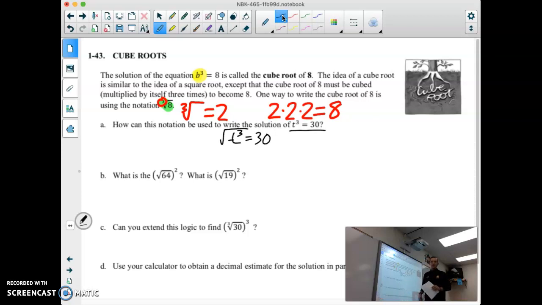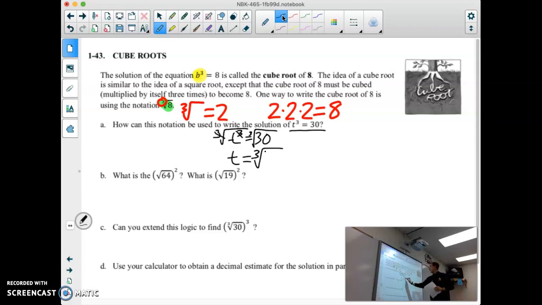Again, it looks like the square root symbol; if we don't put a number there, we assume we're taking the square root, so we have to remember to put that little 3 outside of it. Then we're doing the same thing on both sides. When we do this, the cube root and the cube cancel, and we're left with t equal to the cube root of 30.